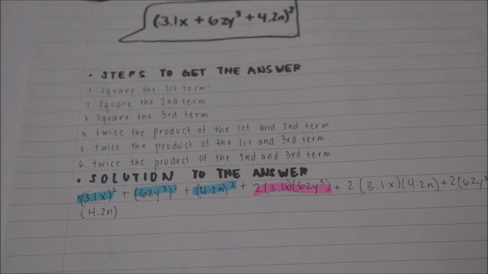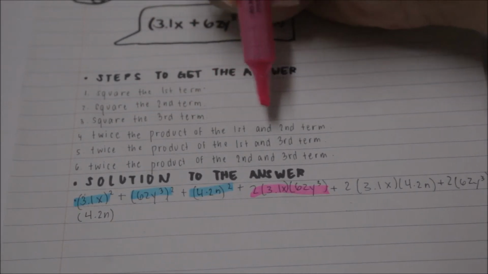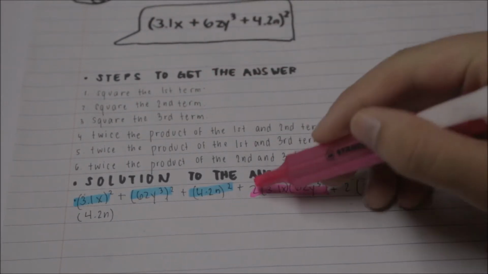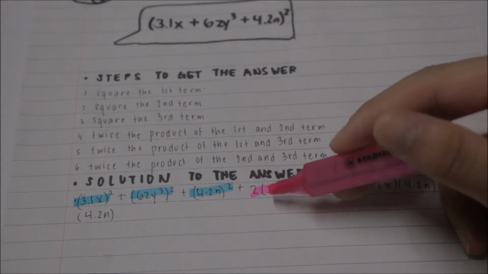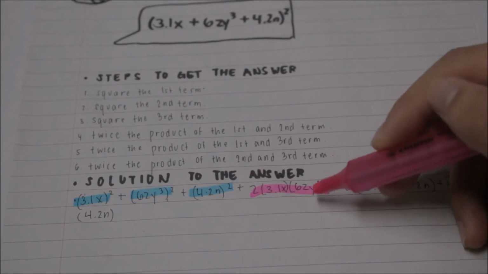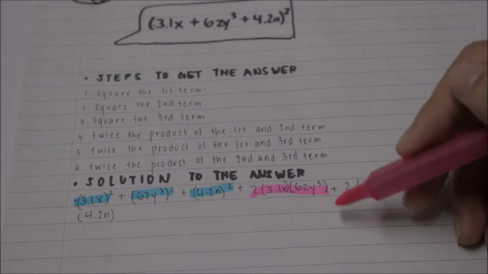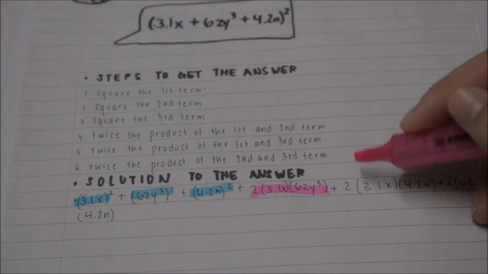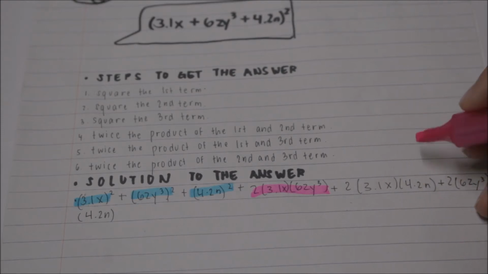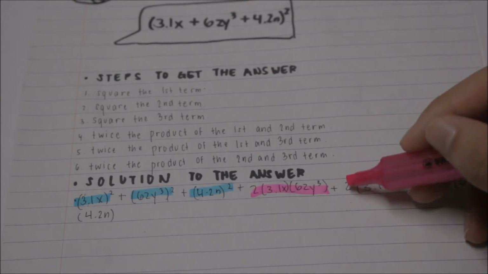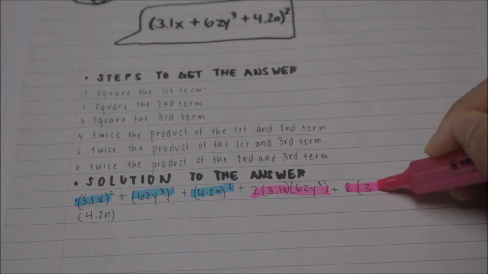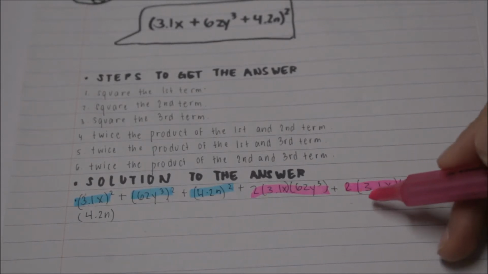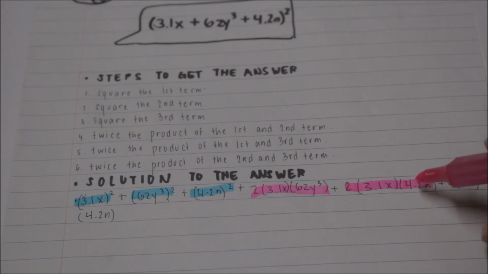For the next step, I will twice the product of the first and second term: twice the product of the first term, which is 3.1x, and the second term, 6zy³. For the next step, twice the product of the first and third term: the first term, which is 3.1x, and the third term is 4.2n.